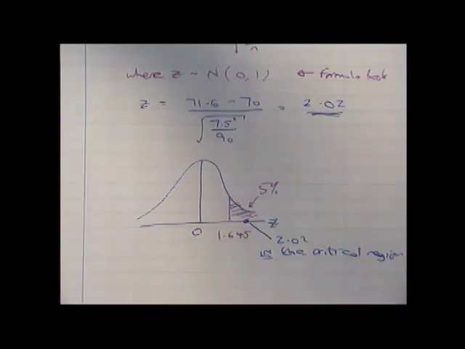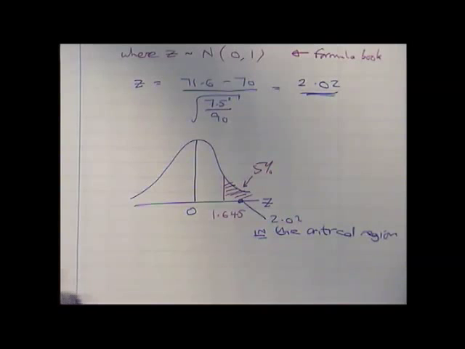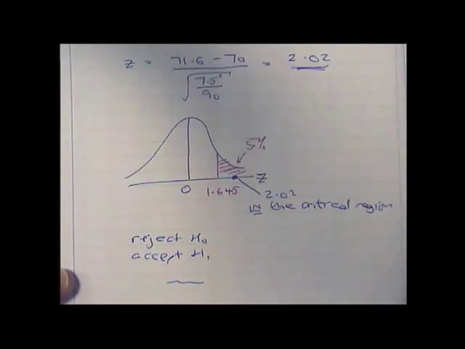And what have we previously done if something is in the critical region? So we reject H0 and we accept H1, and then we write down some words, which we're not going to bother doing now because we've already done it when we did example 1 before.